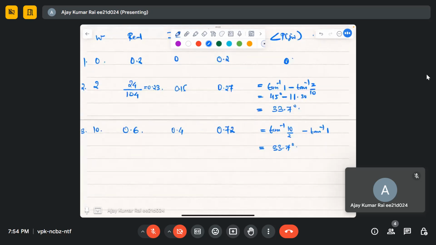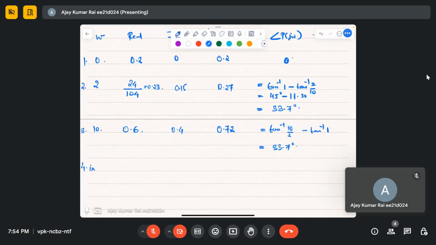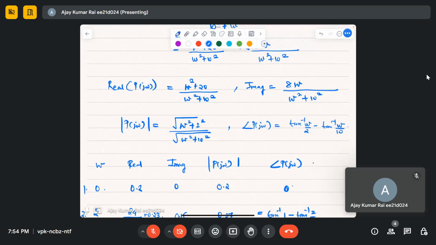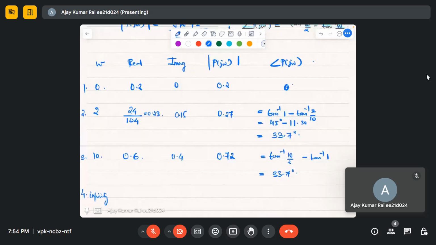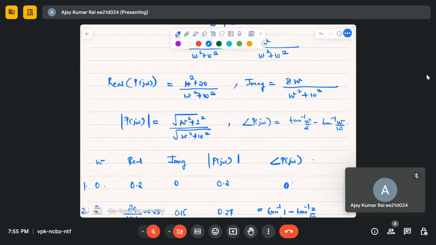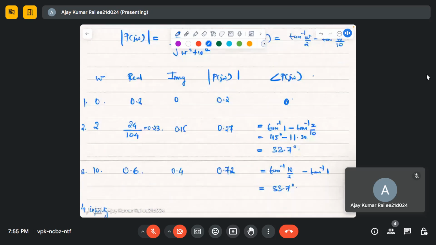So let's find the fourth point, which is at infinity. At infinity, let's see what the real part is. You'll get 20 by 10 square, 0.2 again, I think.